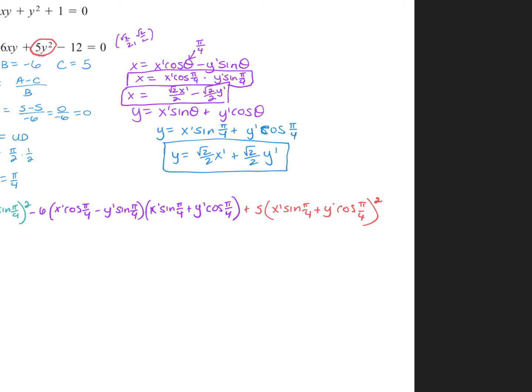I just did this one, 5y squared, and then it's a minus 12 equals 0.